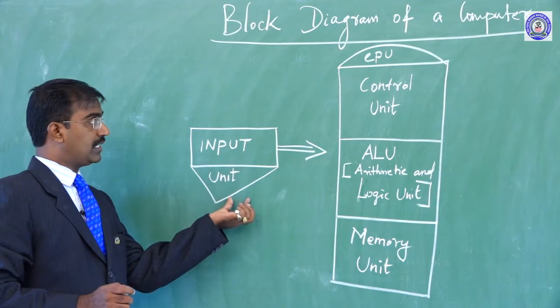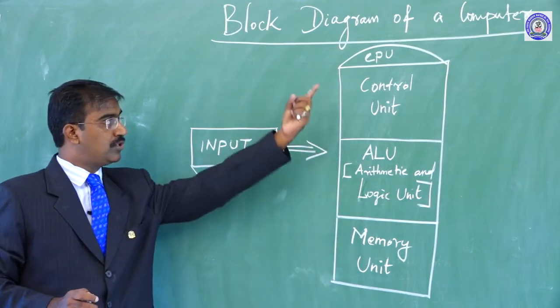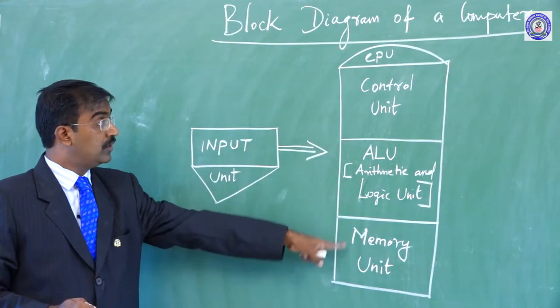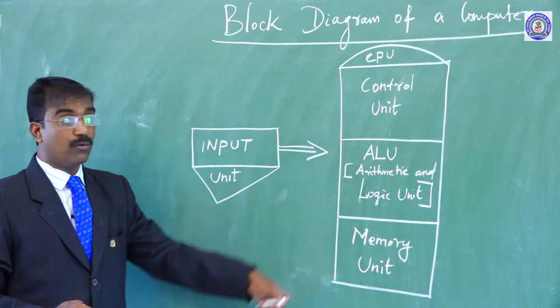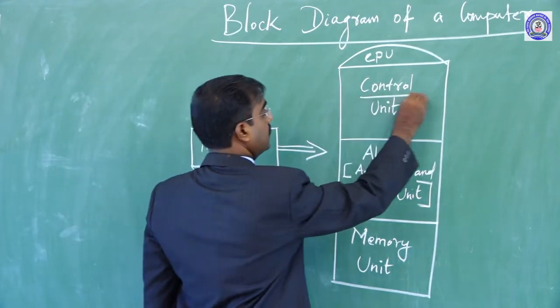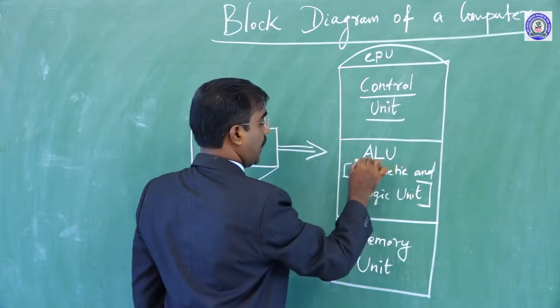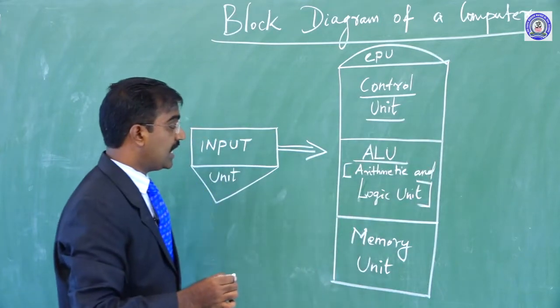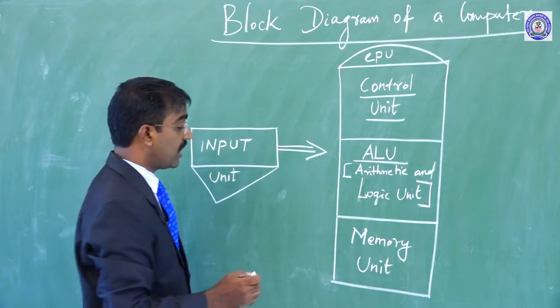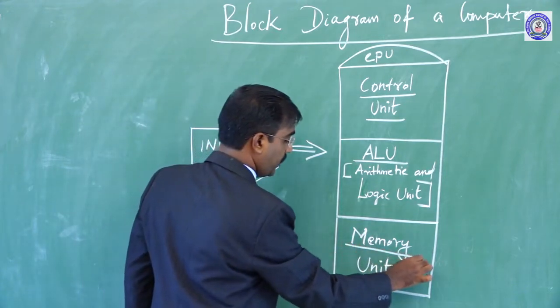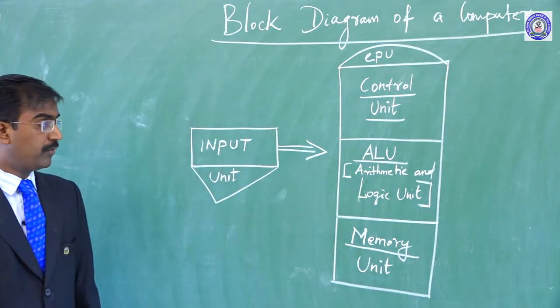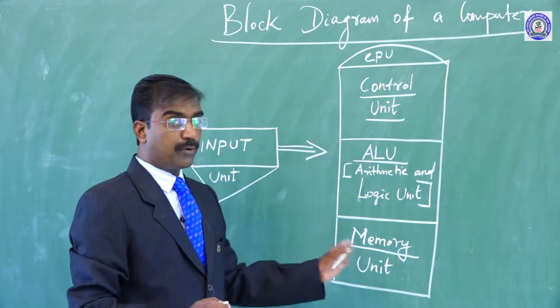Input, we are giving all the instructions, goes straight to the CPU. In the CPU three things are there: one is the control unit, then the ALU, which is arithmetic and logic unit, and the third one is the memory unit.